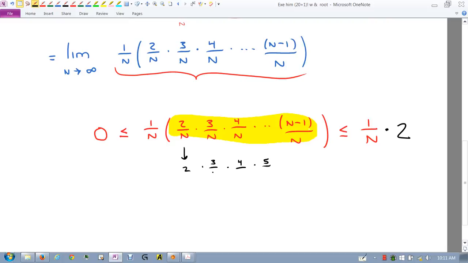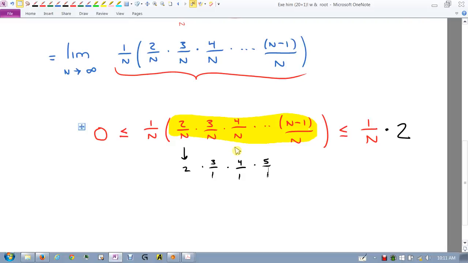Well, that makes it even easier. Is this number right here in yellow smaller than 2? No, it's not, is it? Not when n is 1. What about when n is 2? Then that would be a 1. This would be 3 halves, then this would be 2. So that's not either, right?